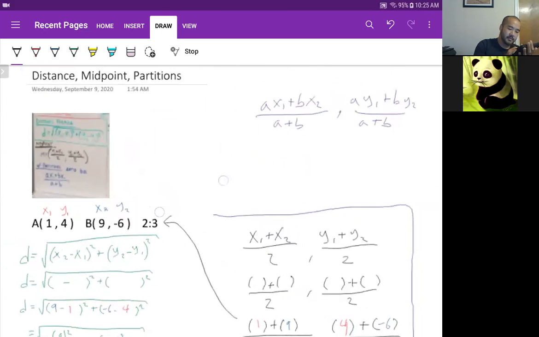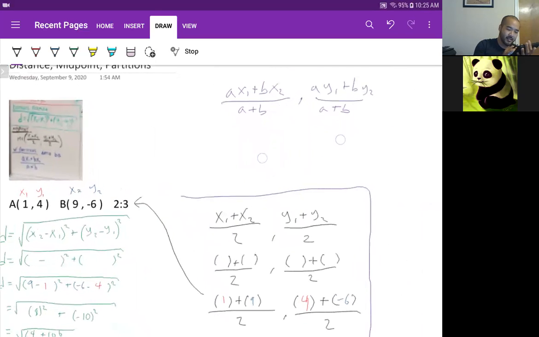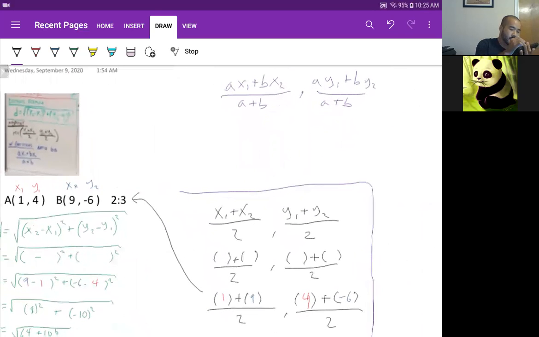The last one is midpoint with partitions. So that's where it gets a little bit longer. So let's do this. Let's switch this to, yeah, I'll make this green. So this is B and this is A. All right, here we go. Y'all, please watch this. A lot of steps are about to happen.